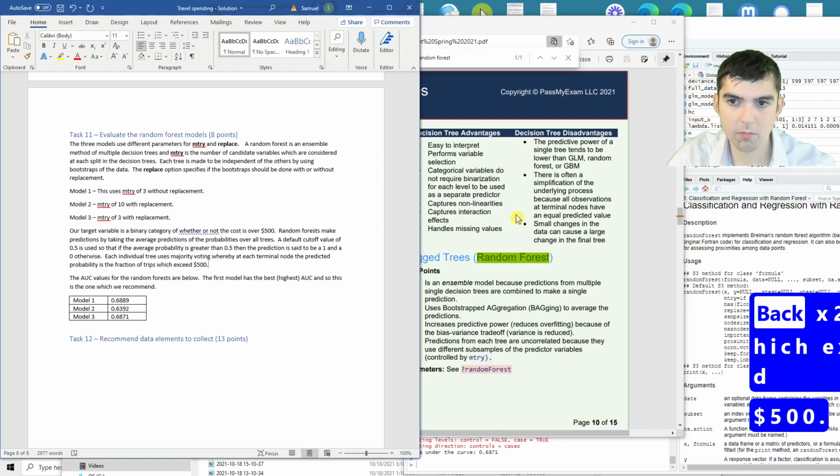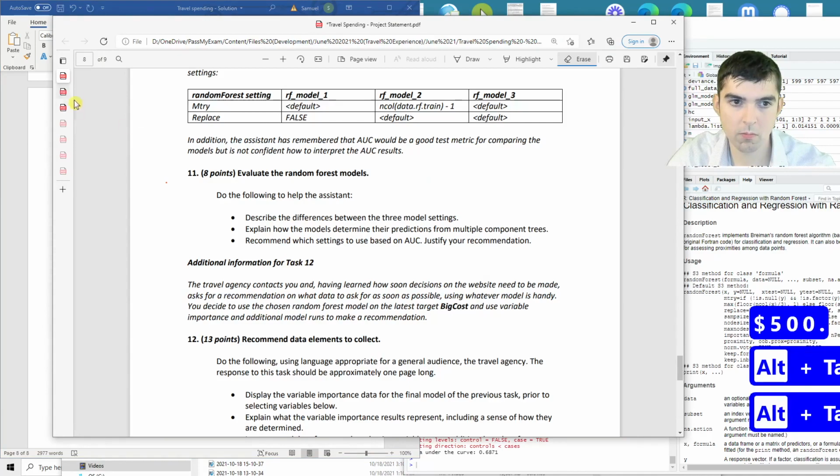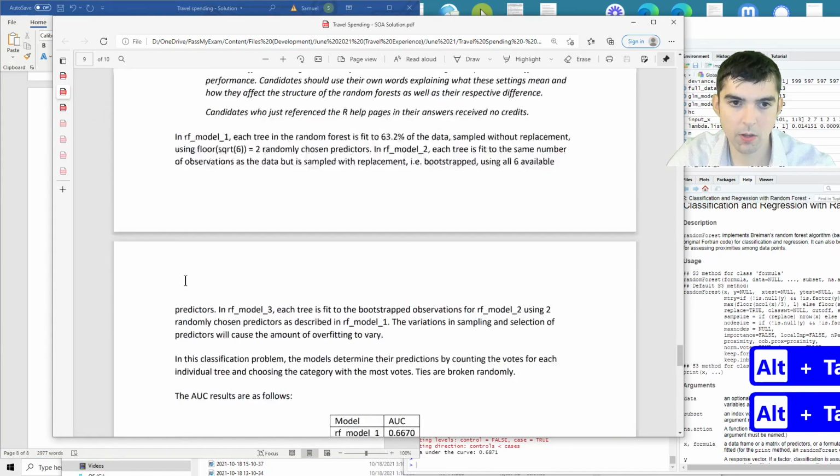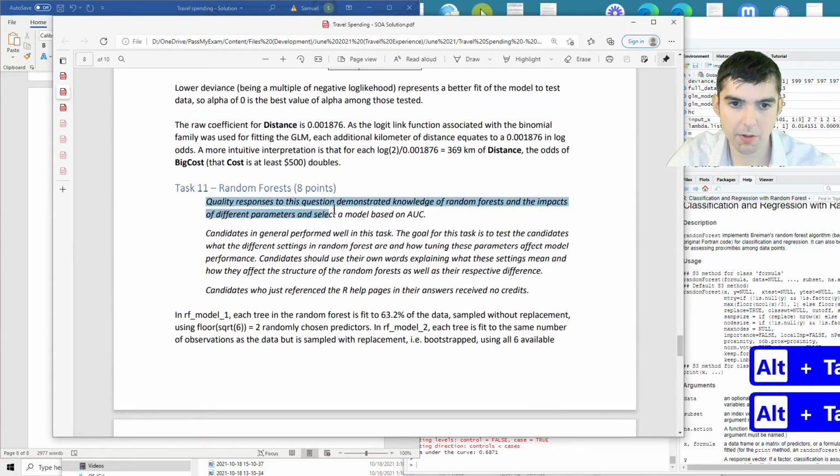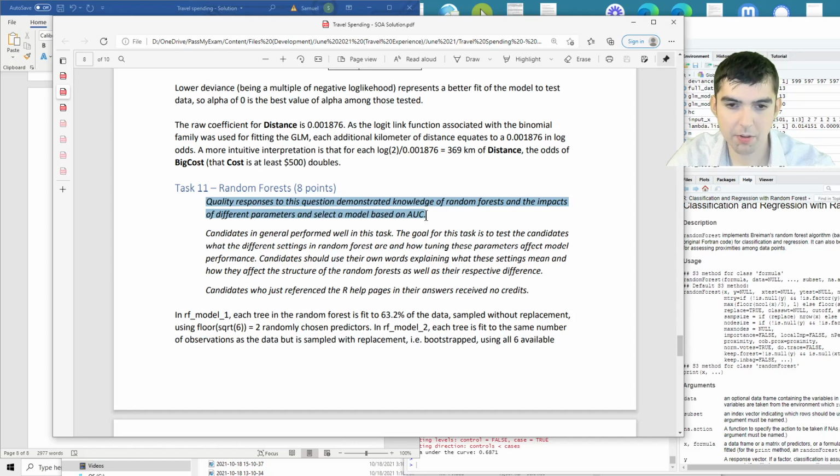And the answer says, quality responses to this question demonstrated knowledge of random forests and the impacts of different parameters, and selected a model based on AUC. That was really the core of the question: just demonstrate knowledge and choose the model that has the best AUC.